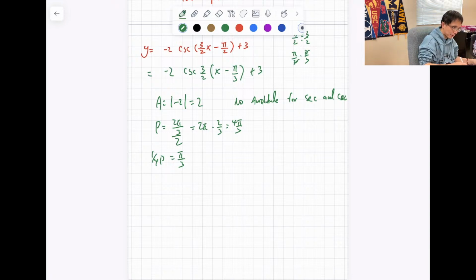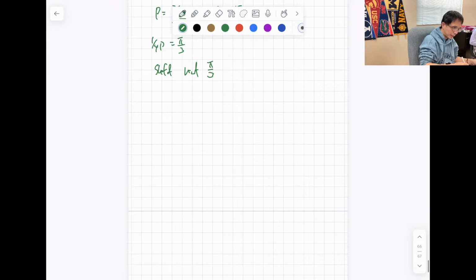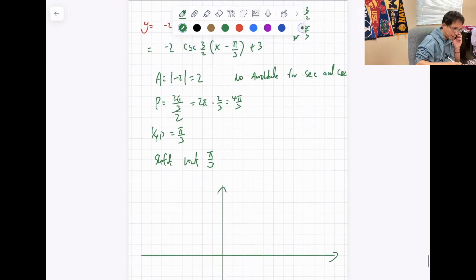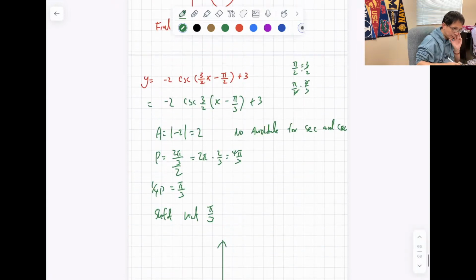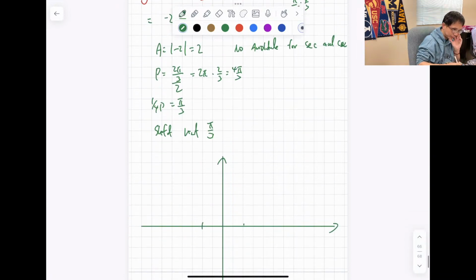So it's a shift right pi over 3. Now remember, each increment has to be the same. So each 2 increment is pi over 3, shifting right pi over 3.